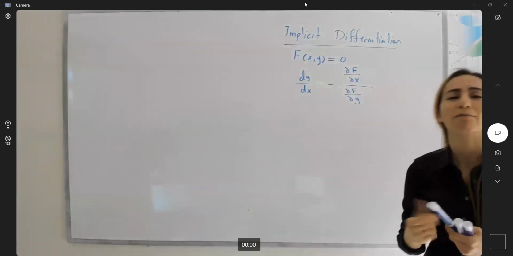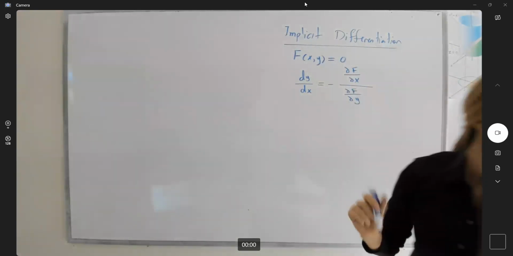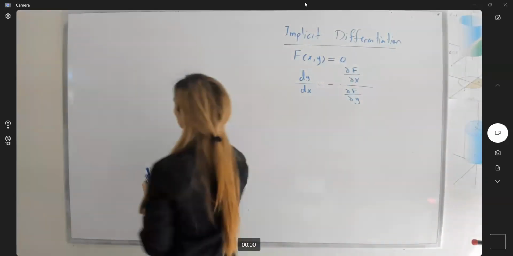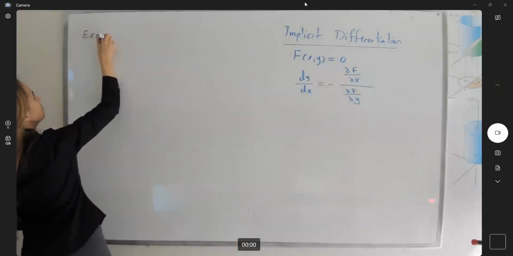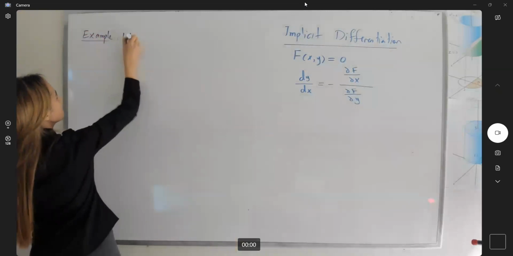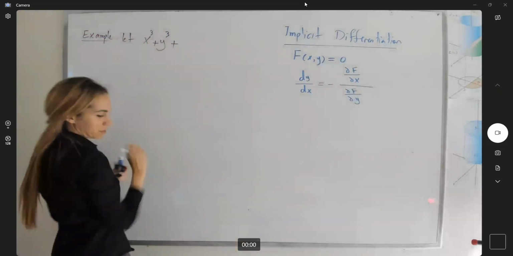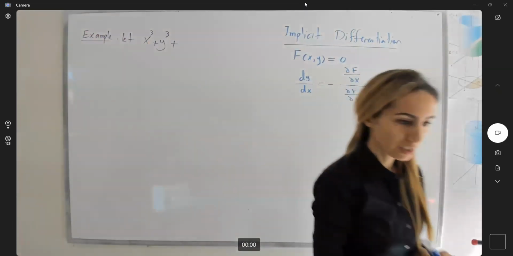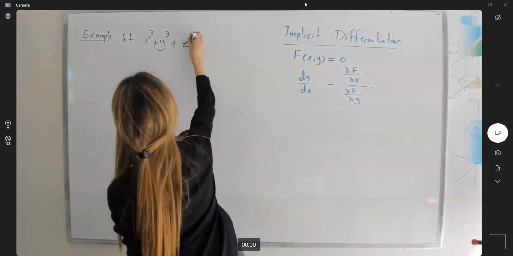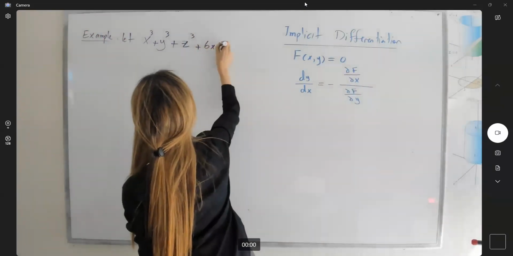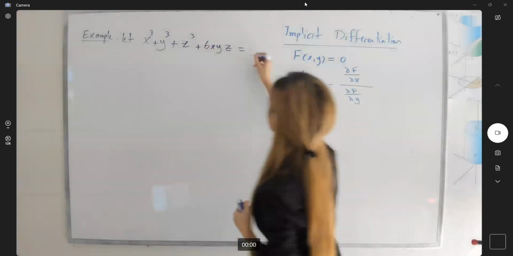Now, suppose you have more variables involved. Suppose you have the following scenario: x cubed plus y cubed plus, let's follow the notes, z cubed plus 6xyz equal to 1.